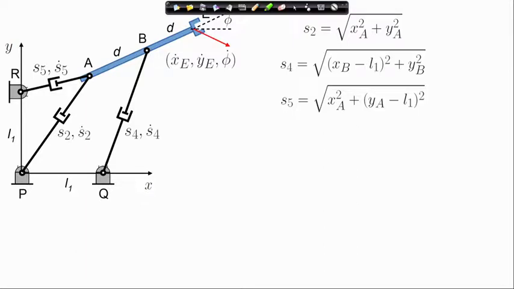These are very easy to see. S2 is the throw of this actuator, similarly S4 and S5, and they are related in terms of the coordinates of point A and B and the coordinates of P, Q and R. So, these relations we have already looked at.